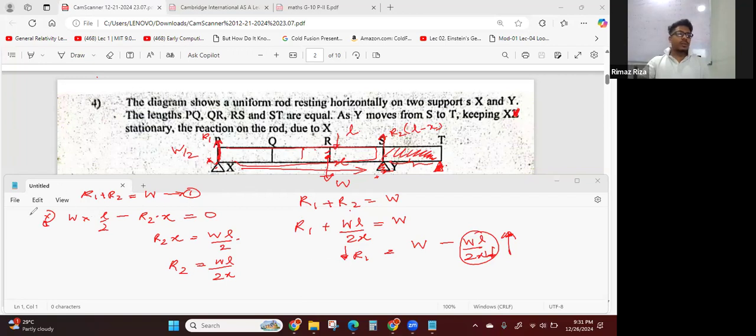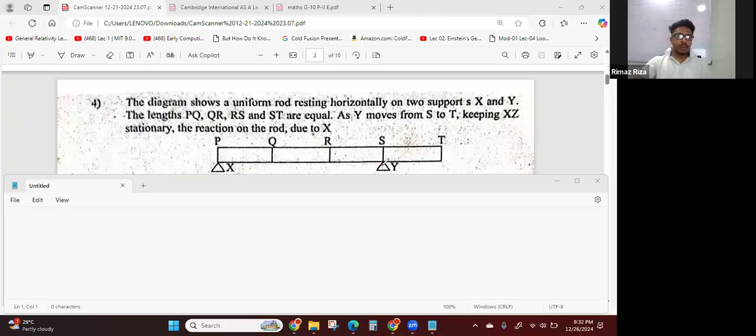By the way, to answer this question, there is no need to do all this calculation. What you can do is, since the rod is uniform, the weight distribution will be uniform.